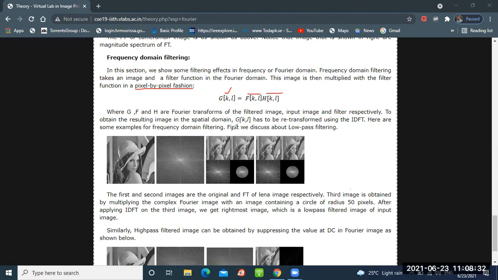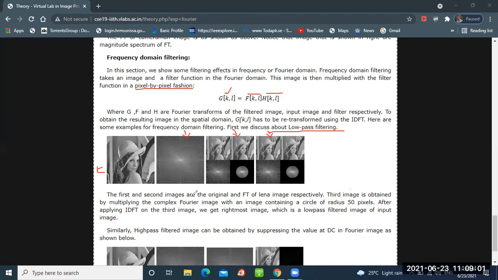So let us first discuss what you understand by a low pass filter. This is my original image, and this is our frequency domain. Then I apply the low pass filter. This image is obtained by using the low pass filter, and this second image uses another type of filter.